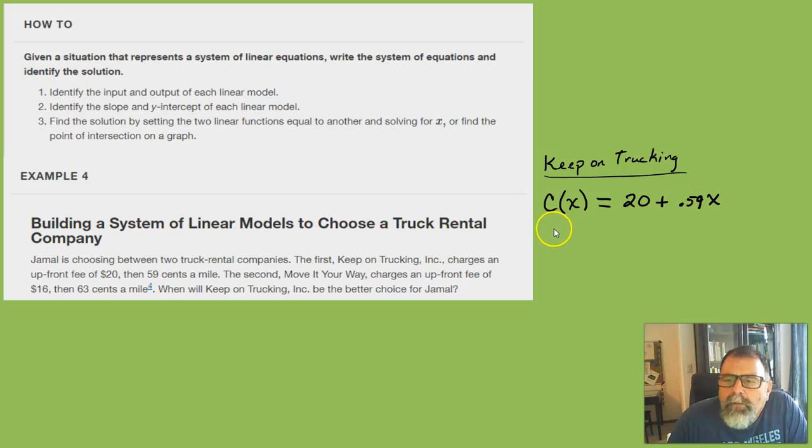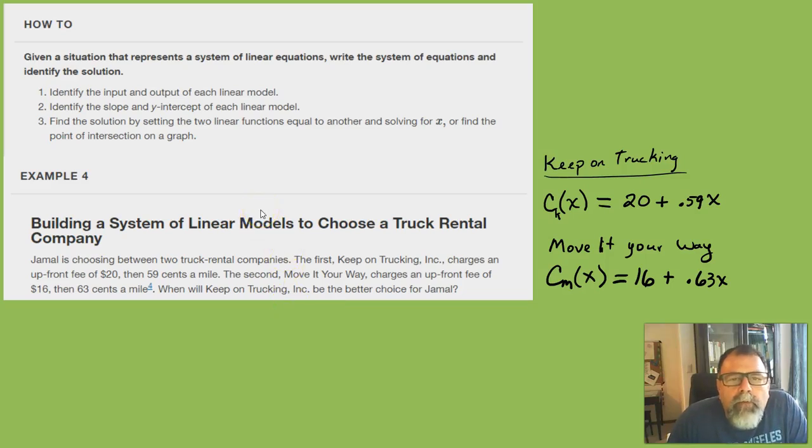I'm going to put a C sub K for Keep On Trucking. And the other one, Move It Your Way, their cost, I'm going to put a C sub M, is going to be $16 for your upfront, but 63 cents per mile.